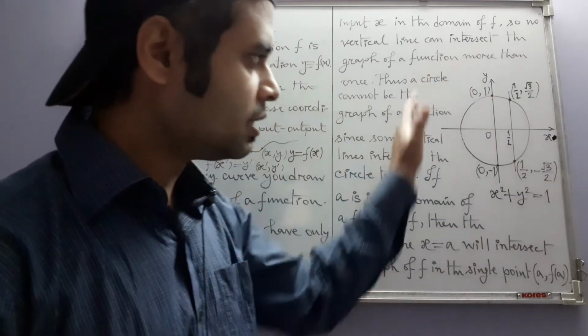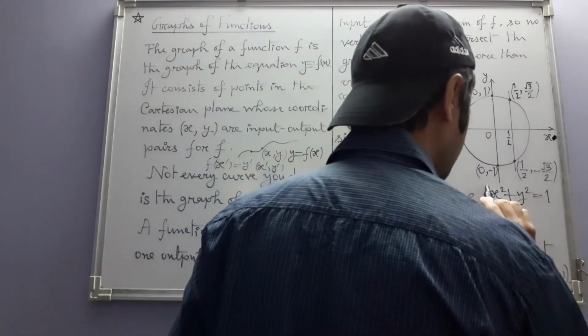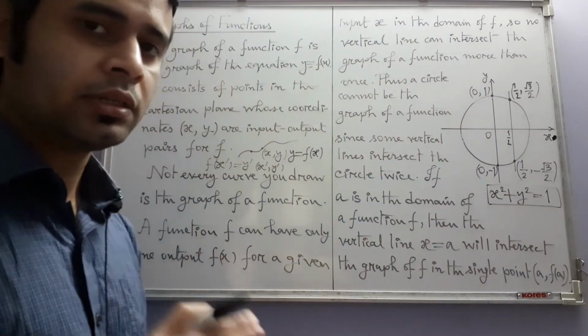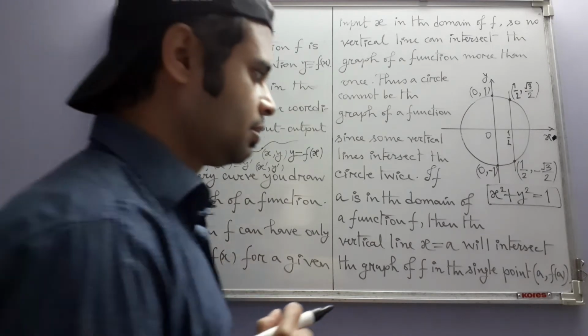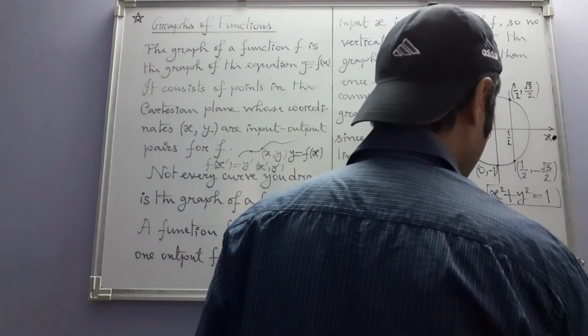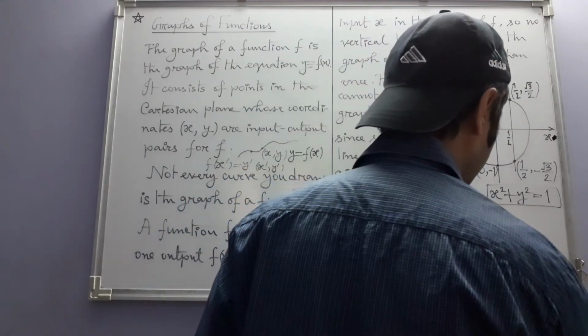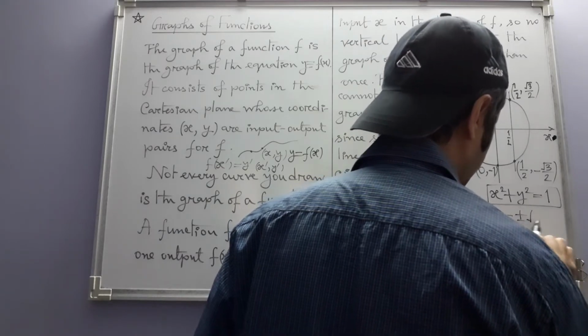Now this is not the graph of a function, because this equation does not determine y uniquely as a function of x. The reason is clear. If you try to solve for y from this equation, you get two distinct expressions actually.